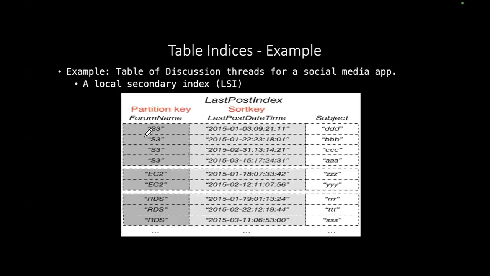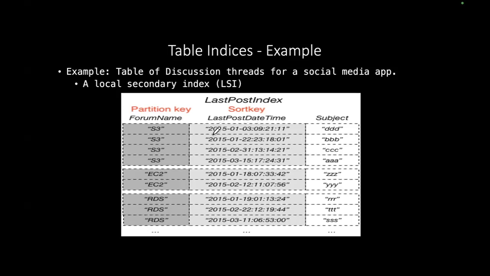A secondary index then might be where we're using the date of the last posting on a particular forum as the basis for an alternative index, or a local secondary index. So again, in this case, for the secondary index, the partition key is the same as before, but the sort key now is a different attribute. And so we can now query this. Now, DynamoDB doesn't have the concept of a date type, so date in this case is just a string.